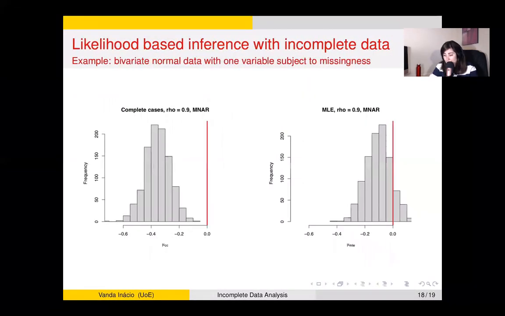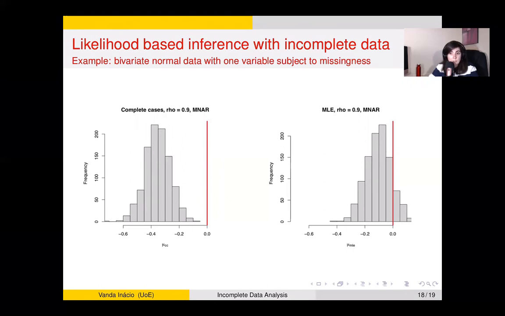MLE does slightly better when the correlation is 0.9, because we are using information of y1. Even if data are missing not at random, because now they are highly correlated, the information that I'm using somehow helps me in estimating mu2, but the estimates are still biased. So most of my estimates are smaller than the true value.